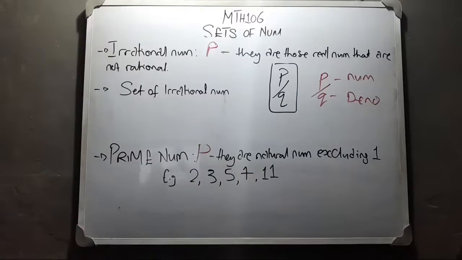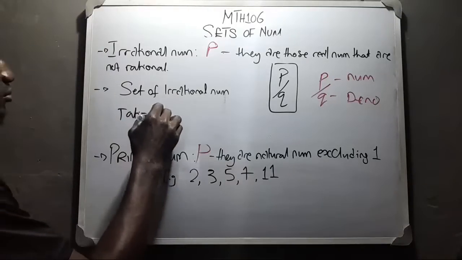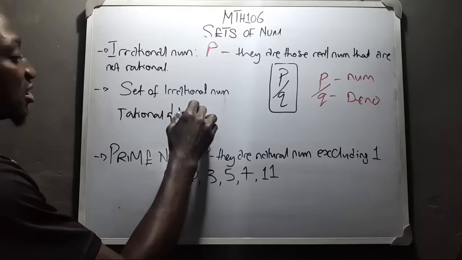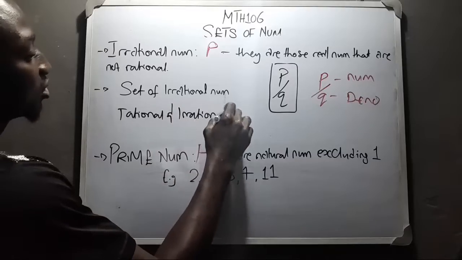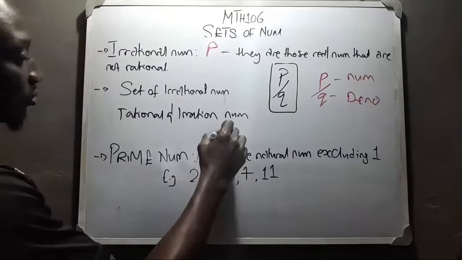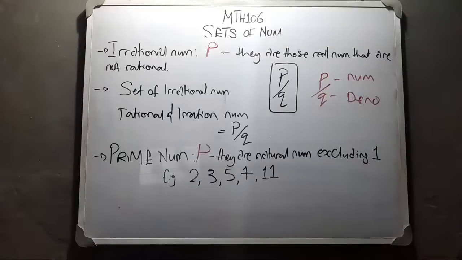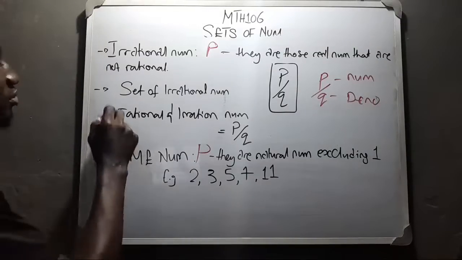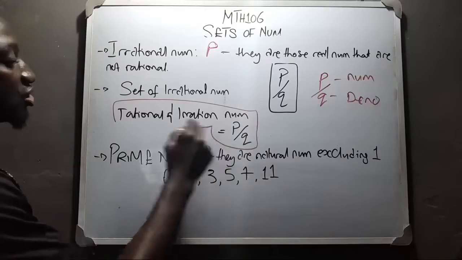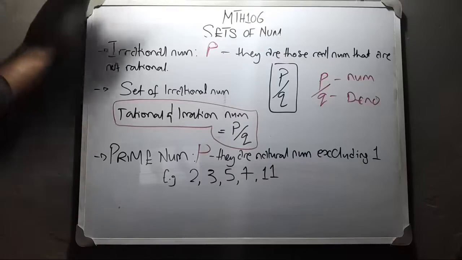But when we talk about rational and irrational numbers, it can only be two, which is P, Q. Prime is a different thing on its own, just like we have natural numbers.